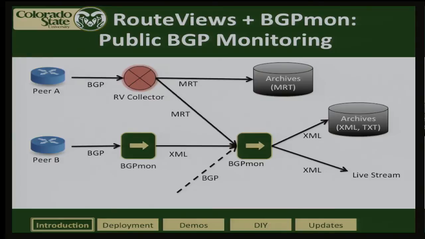This allows us to build a mesh of BGPmon instances. That is helpful because there's a single point of access for all of the XML data. As a user, you don't have to be aware of where that data is actually coming from, or the fact that there's 30 instances of BGPmon providing that data to you.